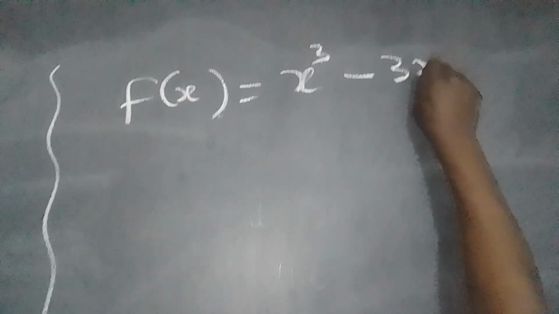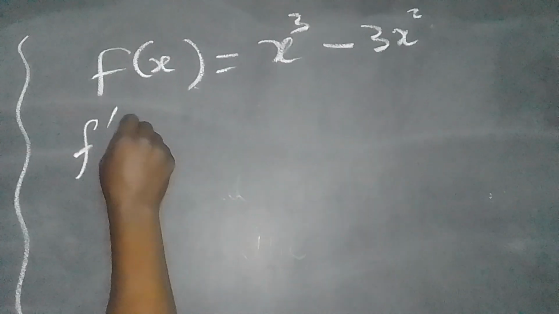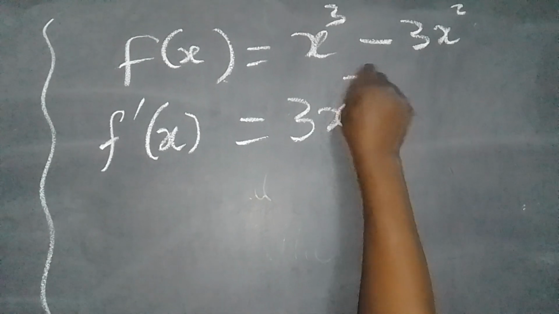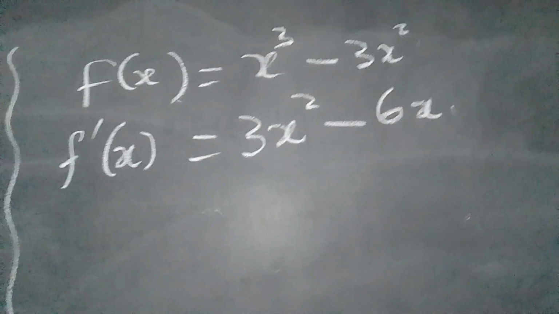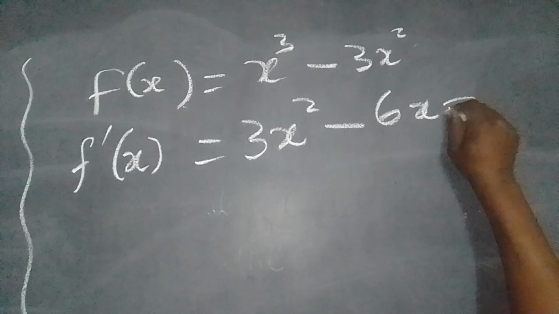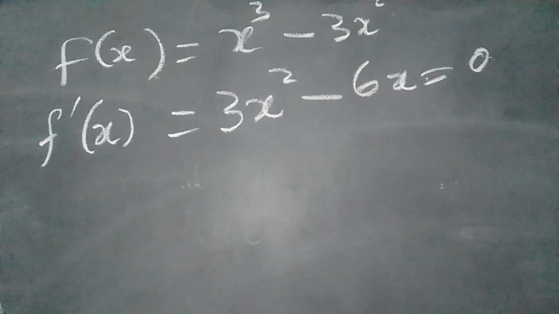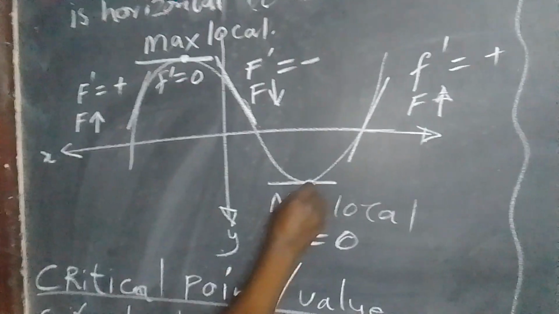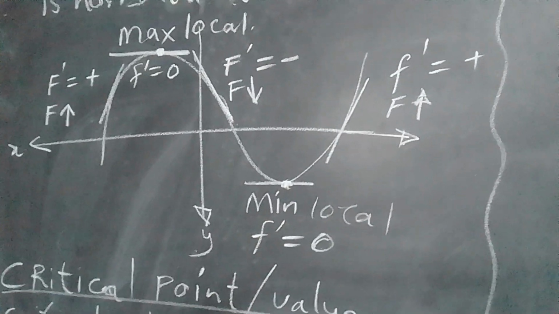minus 3x squared. Right, let's find our first derivative. Our first derivative is equal to 3x squared minus 6x. At some point, this is equal to 0. This is the critical point where we find our local maximum and minimum point.